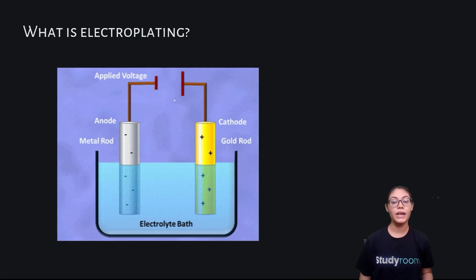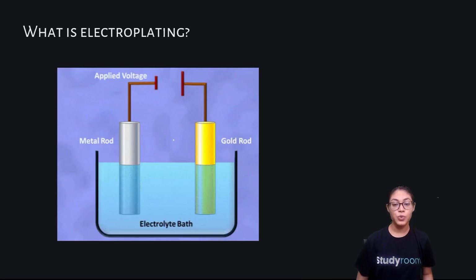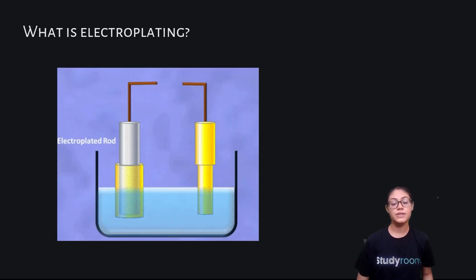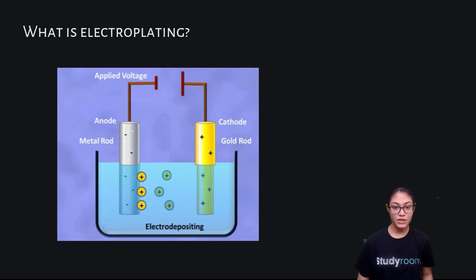So, by electroplating, a metal, suppose it's silver, can be electroplated with gold. A layer of gold from this electrode goes and deposits itself on the silver metal so that it can have a coating of the gold metal. Easy to understand.